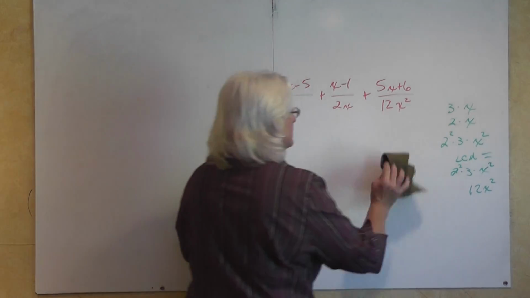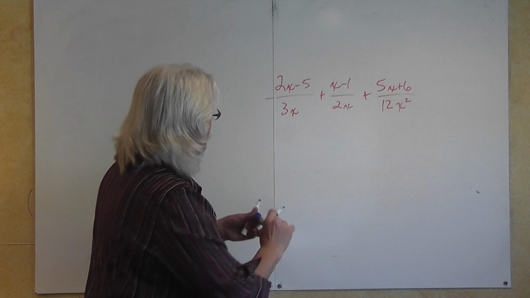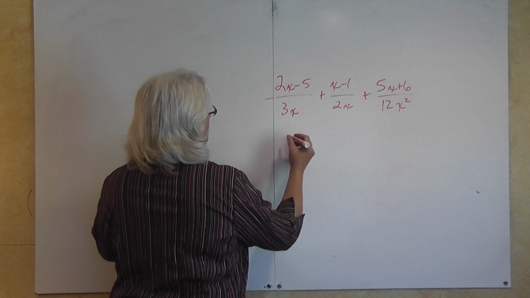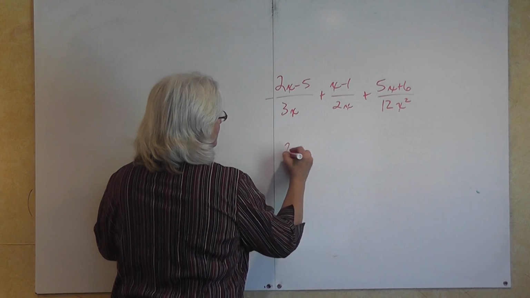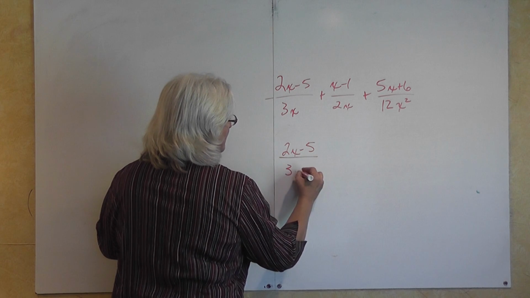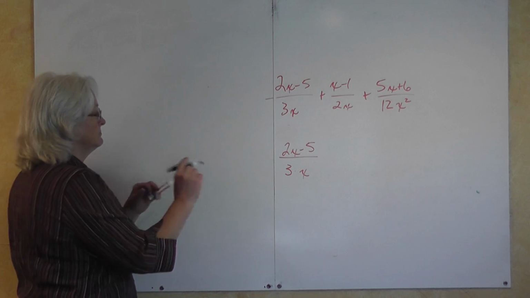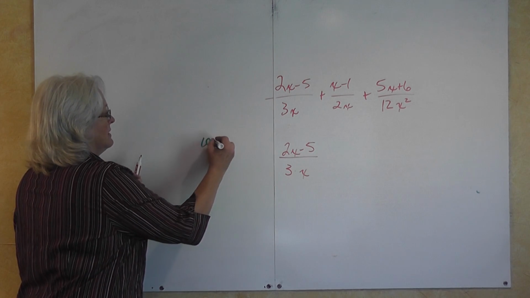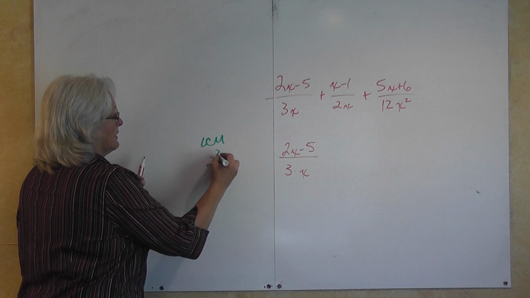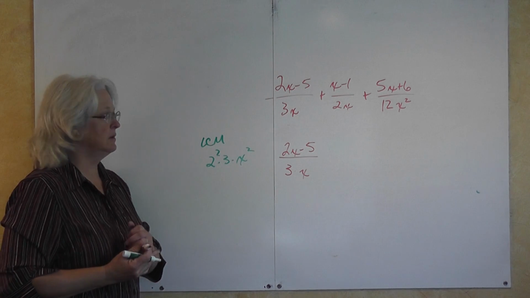Let me erase our work here. We have 2x minus 5 over 3x. Let me rewrite our common denominator, or our LCM. LCM is 2 squared times 3 times x squared.